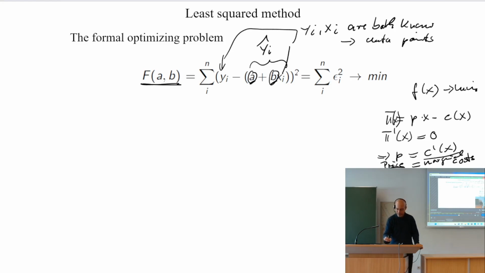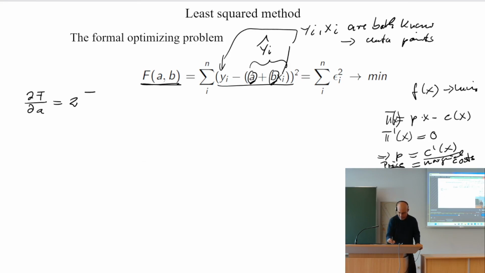Well, and if you have two variables, then of course we have to calculate the derivative with respect to a, and we have to calculate the derivative with respect to b, and set this to 0. So we calculate df dA. What we see is we have this squared here, and the derivative of the square is just put the 2 in front.